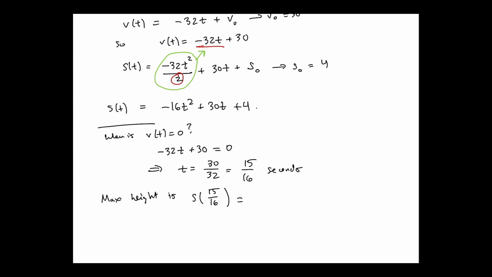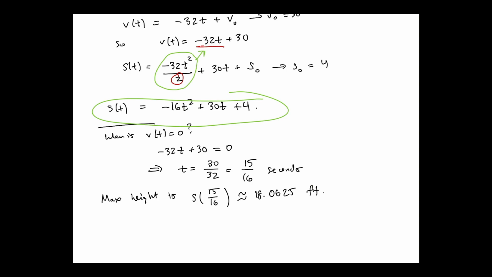It was negative 16t squared plus 30t plus 4, and I want to compute that, which comes out to approximately 18.06, so 18 feet, roughly. Does that seem reasonable? Yeah, roughly. But how did I get that? All I did was plug 15 over 16 into here and then just had it crunch the arithmetic for me.